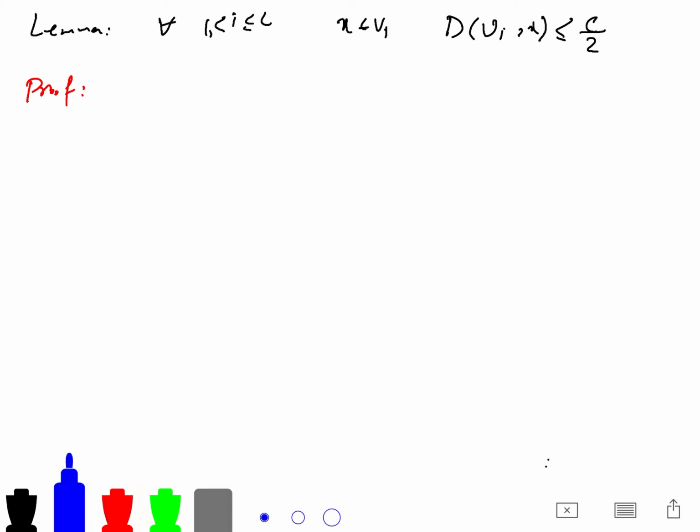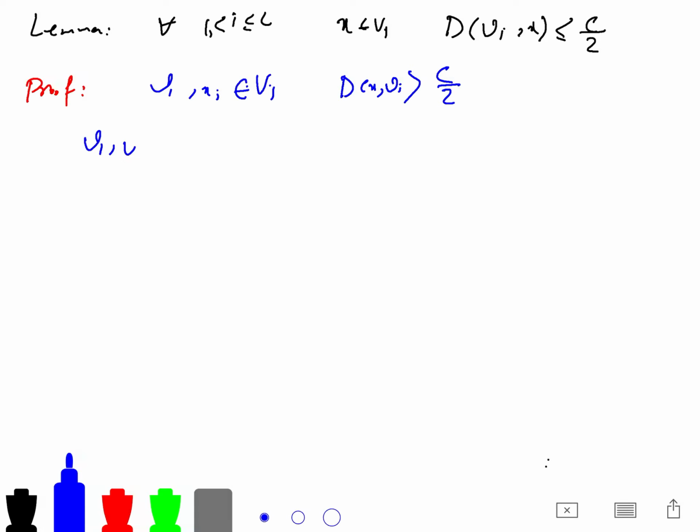The proof is very simple. We prove it by contradiction. So we assume that there exists Vi and x in Vi such that the distance between x and vi is greater than c over 2. We consider the optimal embedding.